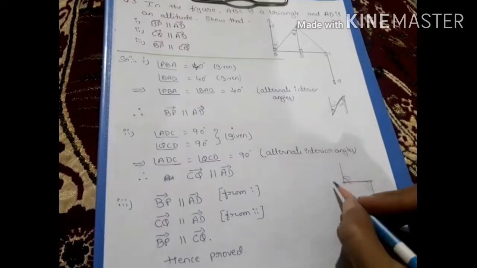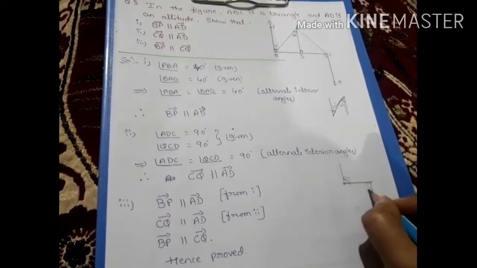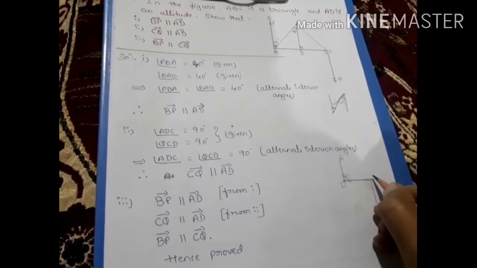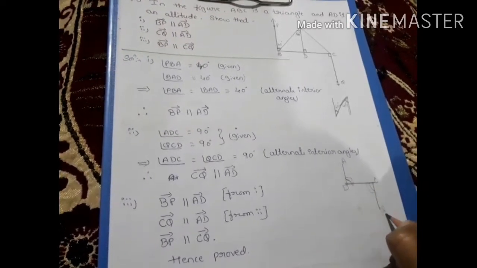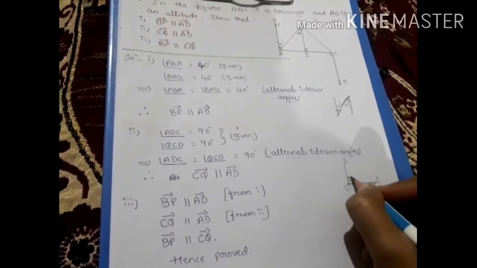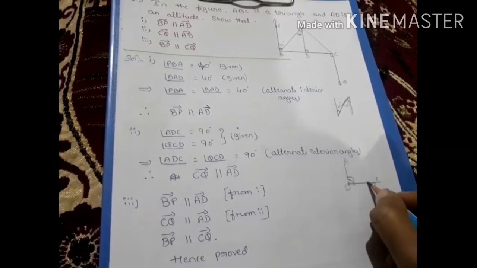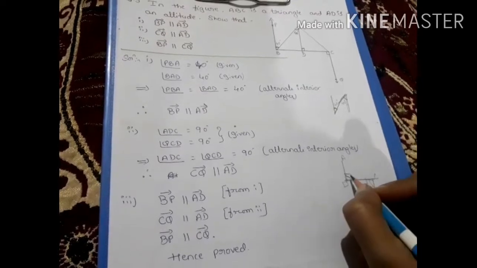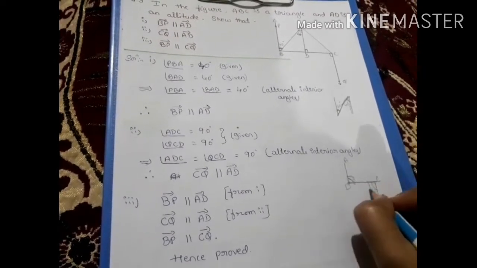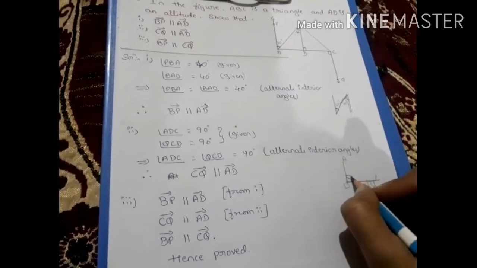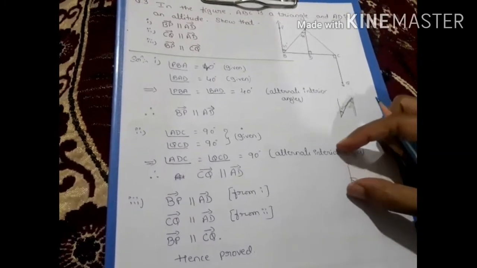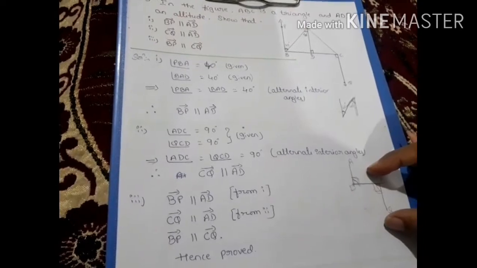Then these two are alternate interior angles. This is AD, this is CQ. AD is 90 degrees, given, and CQ is also 90 degrees, given. These two act as alternate interior angles. Always when the alternate interior angles are equal, 90 degrees given, then which two lines are parallel? AD line is parallel to CQ.